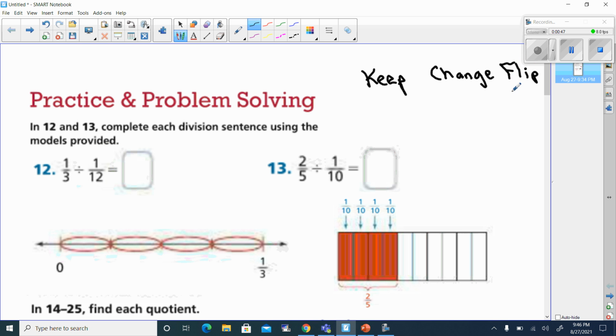That simply means we're going to keep the first fraction the same, change from division to multiplication, and flip the second fraction. So we keep the first fraction the same, 1/3. We change from division to multiplication. And we're going to be flipping the second fraction.